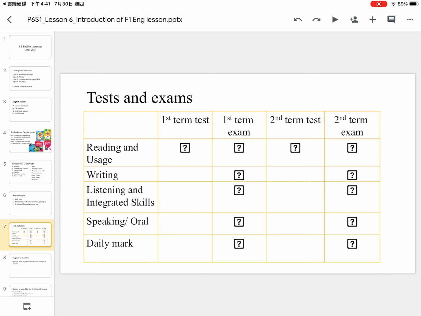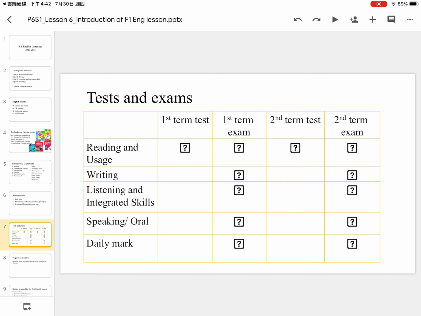But in the first term examination, all the papers will be included in your examination. Likewise, in the second term test, you will only have the reading and usage paper. But in the second term examination, which is the last assessment we will have, all the papers will be included, as well as the daily mark.